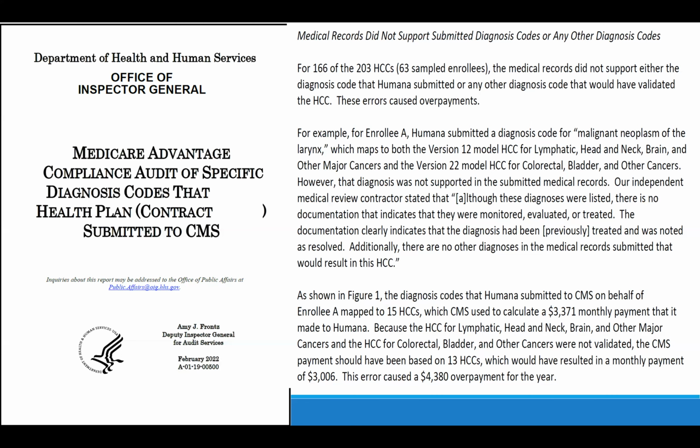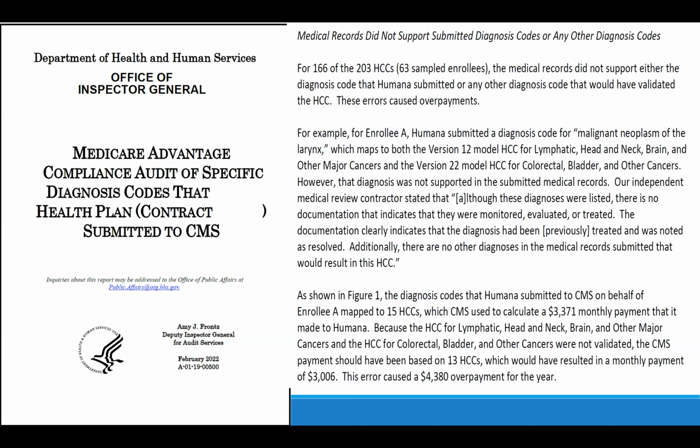But the Medicare Advantage program has been in place for 20 years, and there have been revisions and updates. So major updates are moving from version to version, and we're moving from version V24 to V28.